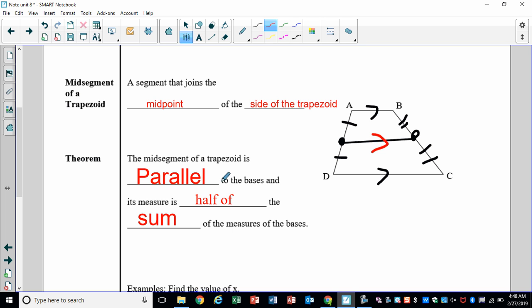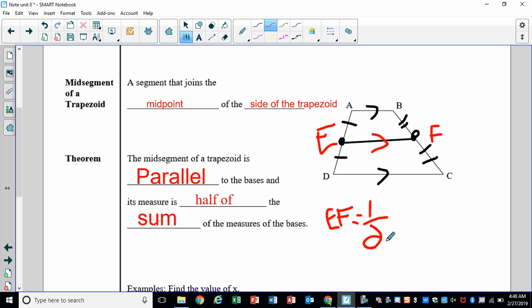So that's one property. The second property is the measure of this. Let's label it EF. So the measure of EF is half of the sum of the bases. So what it means is EF is going to equal 1/2 of base 1 plus base 2.